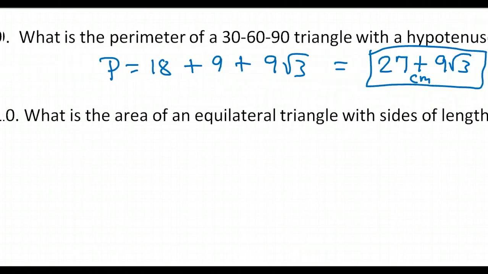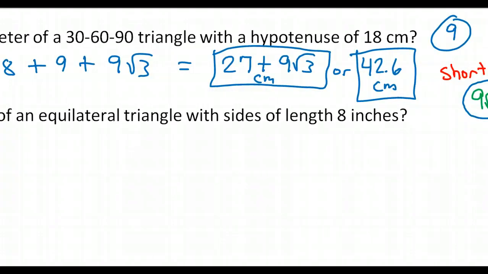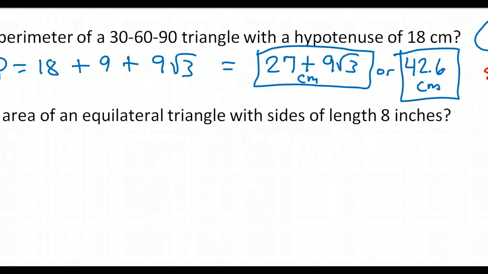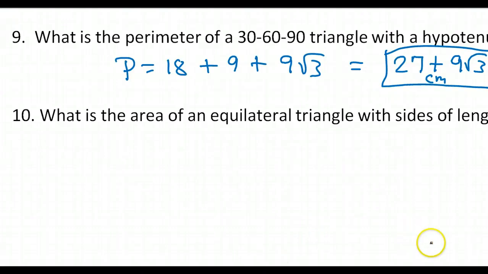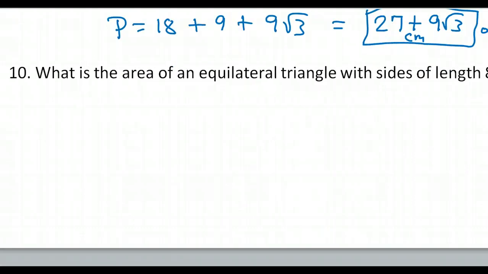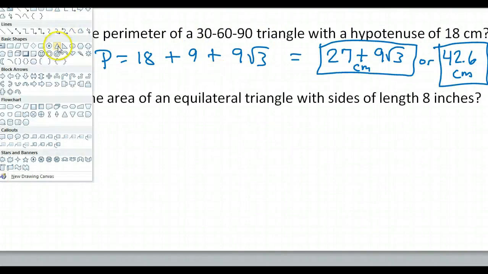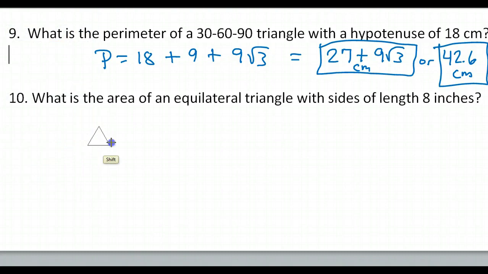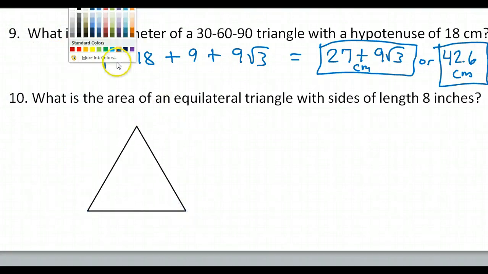Okay, last one. What is the area of an equilateral triangle with sides of length 8 inches? Okay, an equilateral triangle. Let's see if I can get one of those going. All right, here's my equilateral triangle.